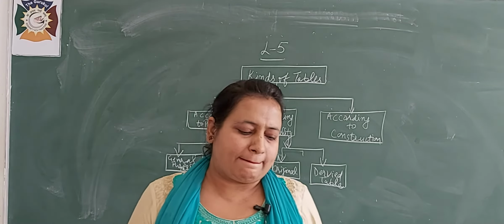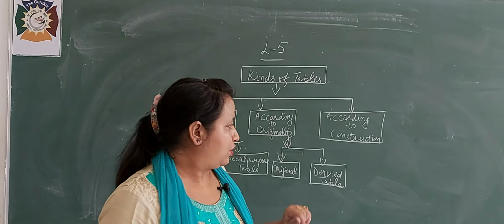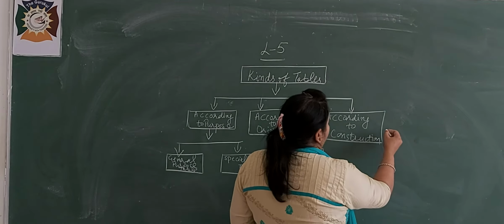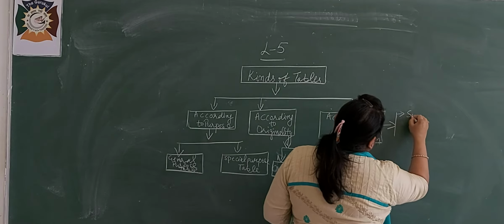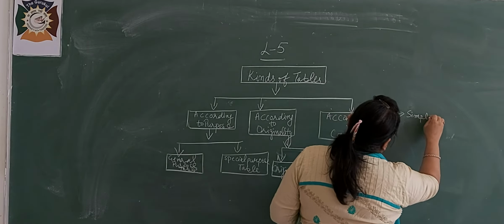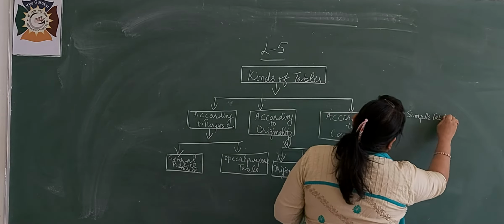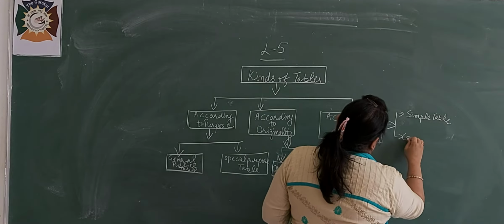Table according to construction. Two types of table are there according to construction. One is simple table. Second is complex table.